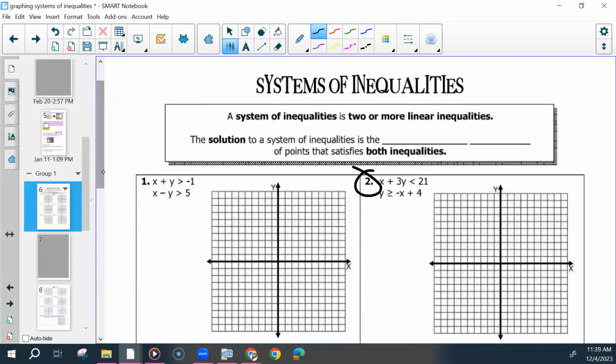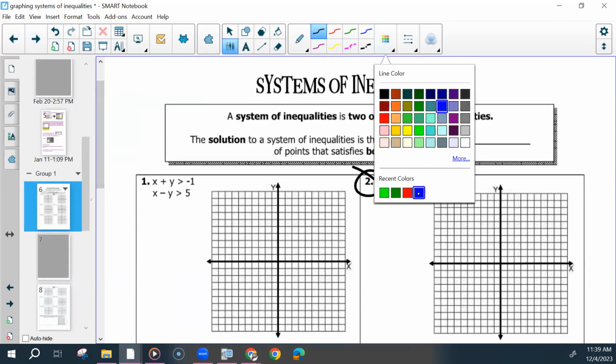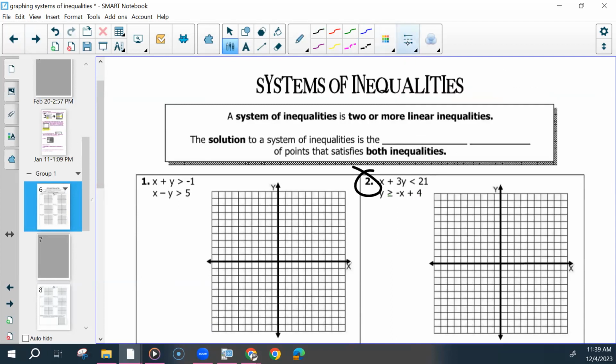These words that are missing is overlapping region.